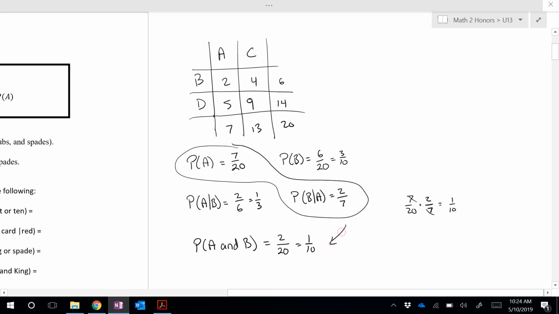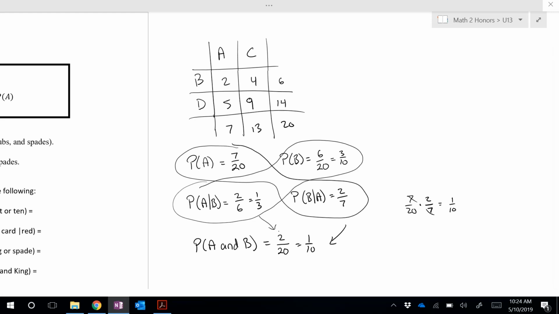So I get this. What happens if I multiply these two together? What's 3 over 10 times 1 over 3? I get this again, don't I? I get 1 out of 10.